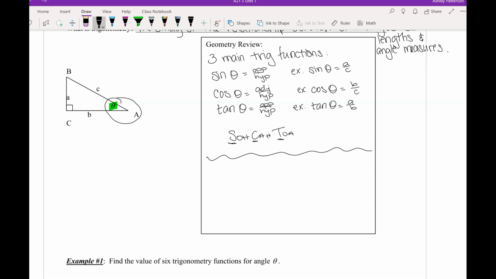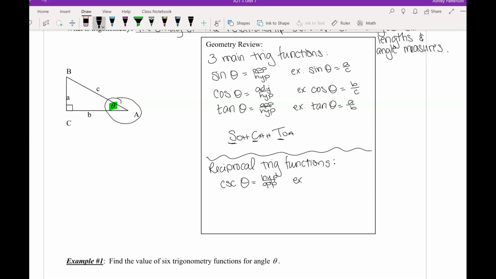And we have the reciprocal trig functions. Now, the reciprocal of sine is called cosecant. So the cosecant of a given angle is the hypotenuse over the opposite.